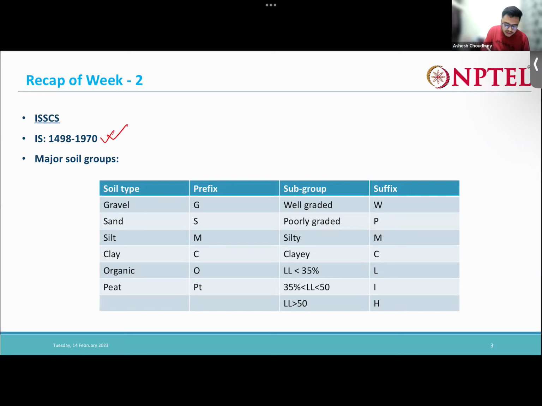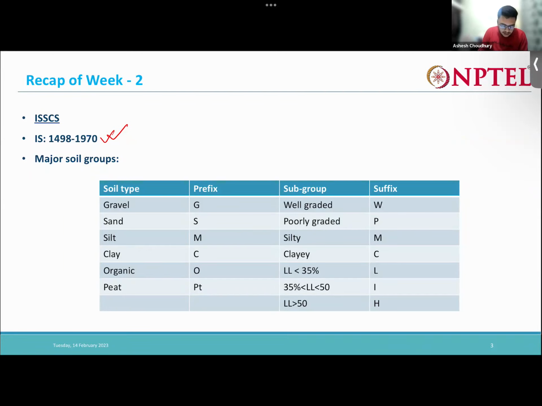This is very important. I suggest all of you buy a copy of this IS code, because you will be needing to refer to it throughout your career as a geotechnical engineer.